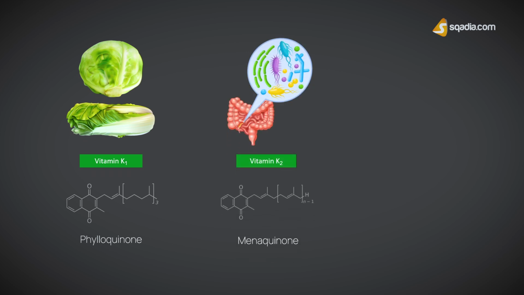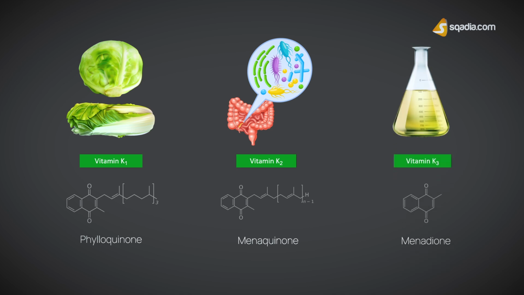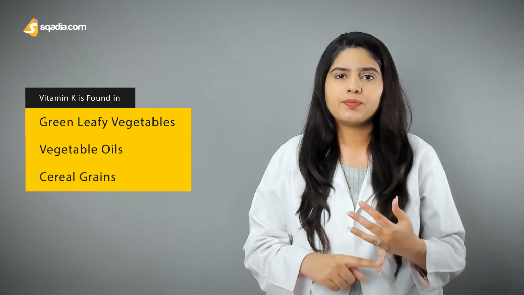K2 is produced by the gut bacteria and K3 is a synthetic form of vitamin K. If we just mention the dietary sources, vitamin K is found in green leafy vegetables such as broccoli and spinach, vegetable oils, and cereal grains. Small amounts can also be found in meat and dairy foods. But milk is a poor source of vitamin K.